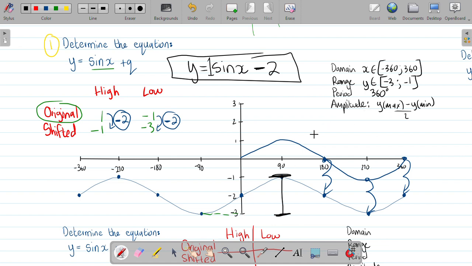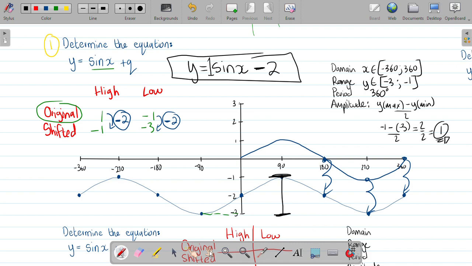So the maximum y value is -1, then the minimum is -3, so it's -1 minus -3 over 2. This becomes -1 plus 3, that becomes 2 over 2, which is 1. So we end up getting the same answer if you want to do it that way.